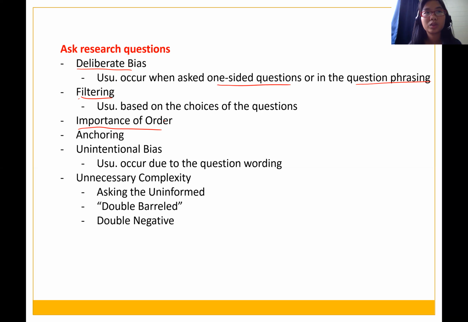The last one is unnecessary complexity. This is where you'll be asked questions about something that we have absolutely no idea of. So say, do you think that healthcare workers and military personnel should be the first to receive the smallpox vaccination? It's a very long question, and it has a lot of information.